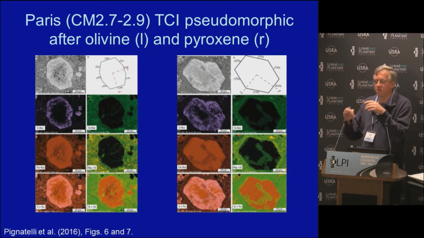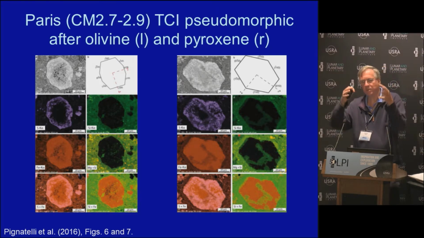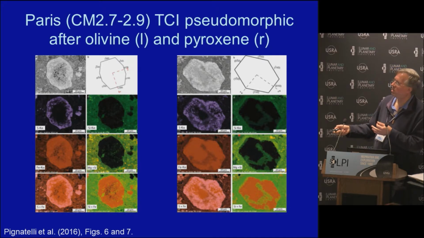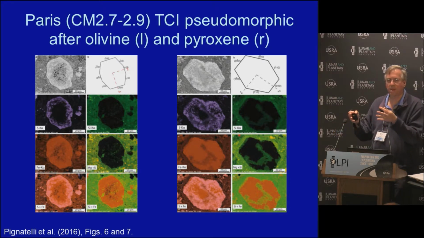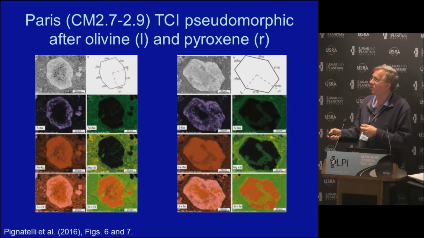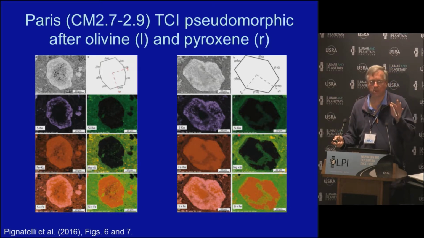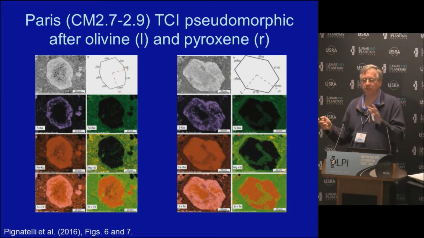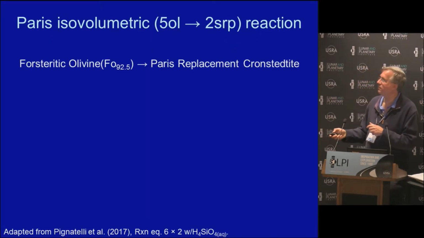There are no expansion fractures. The serpentine isn't bigger than the olivine. There's no textural indication that the volume now occupied by the serpentine is somehow different from the volume occupied by the olivine. I want to say really clearly, I have no dog in the fight on the matter of whether that applies in any other setting, but I think there's textural evidence for that in this setting here.